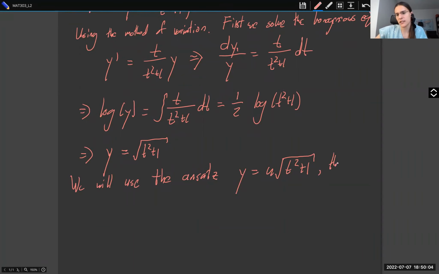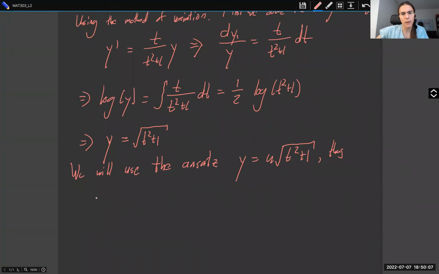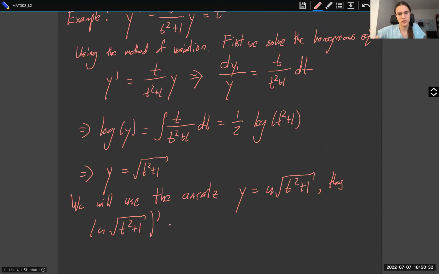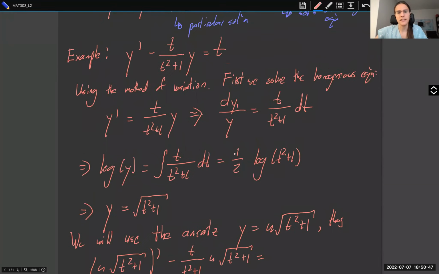As a consequence, we get that y prime, in other words, u square root t squared plus 1 prime, plus f, where f is t minus c over t squared plus 1, times y is equal to t.